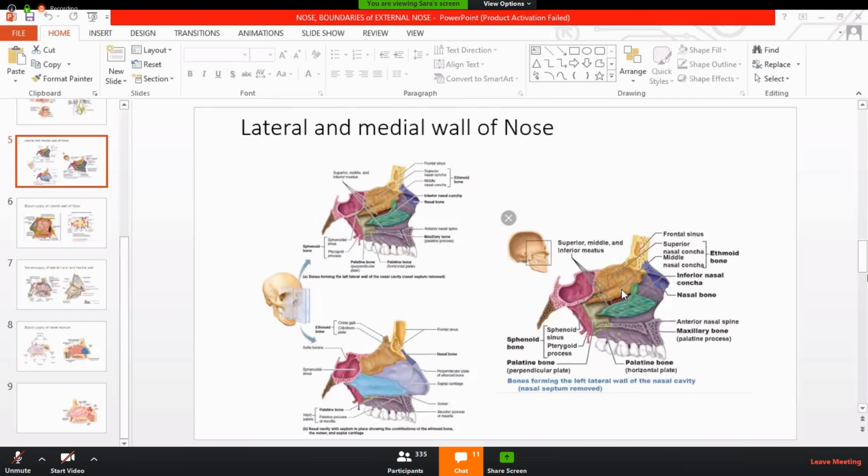And inferior to the ethmoidal bulla, there is a semilunar or a crescentic area which is known as the semilunar hiatus. It will be here, when you remove this part, you will see the ethmoidal bulla. The nasolacrimal duct opens into the anterior inferior aspect of the inferior meatus.